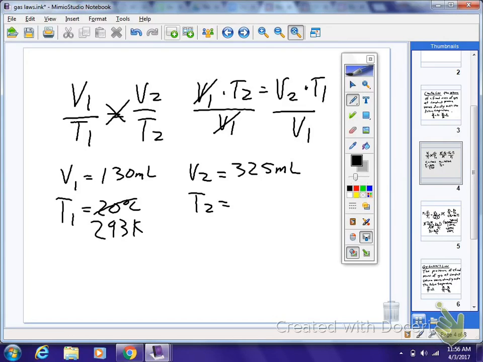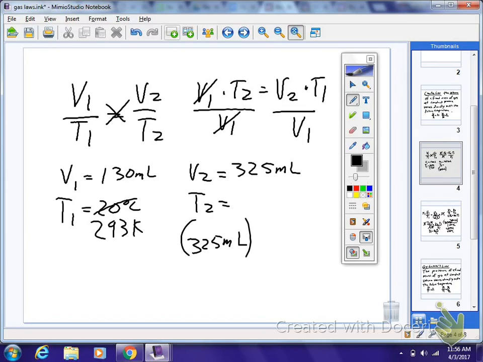Less writing. So now I'm going to take V2, which is 325 milliliters, and T1, 293. Now, I'll have students that don't write it out, and they'll put the wrong values.